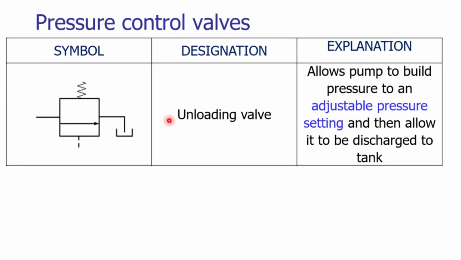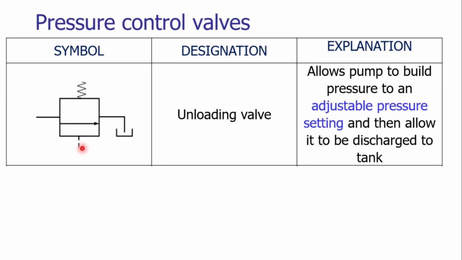The unloading valve, which we have seen in our previous lecture, can be represented by using a square and a fluid flow line. By default the unloading valve is closed. The closed valve due to the spring action is represented by a spring, a zigzag line over here.